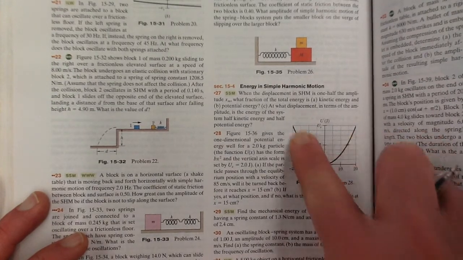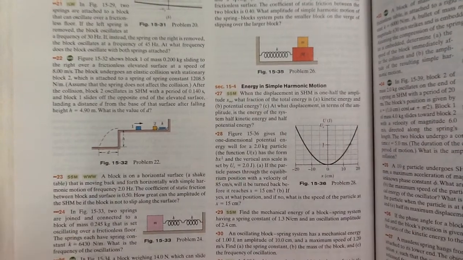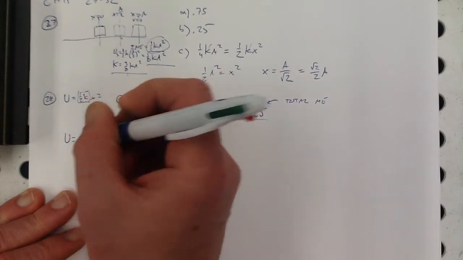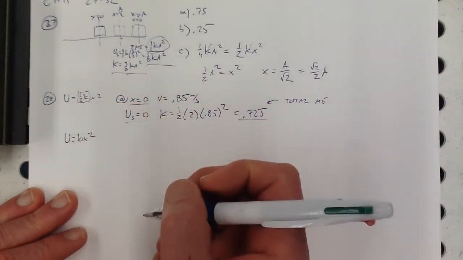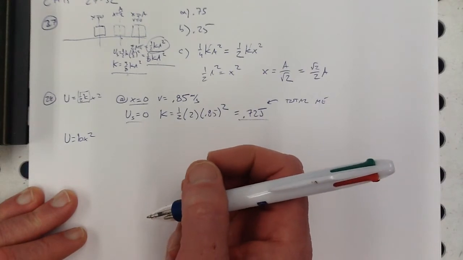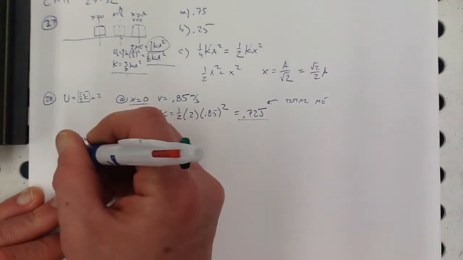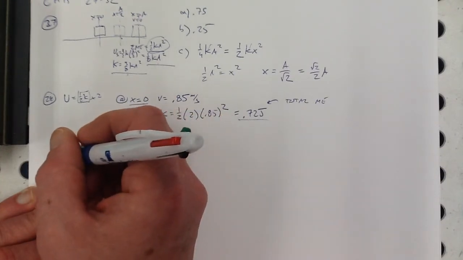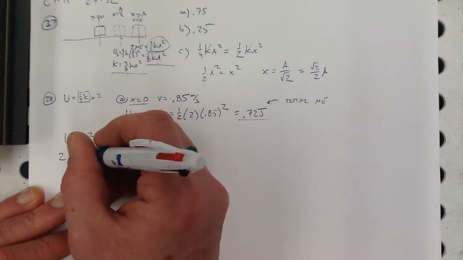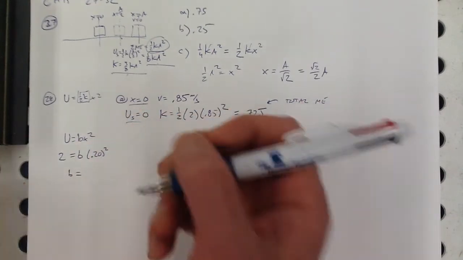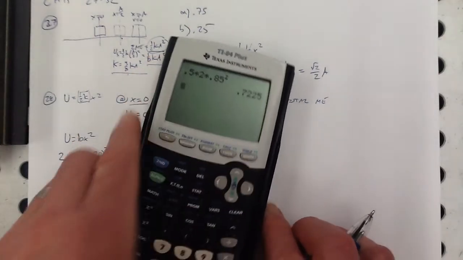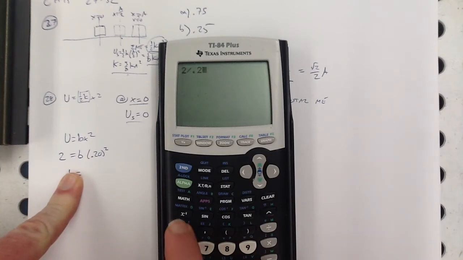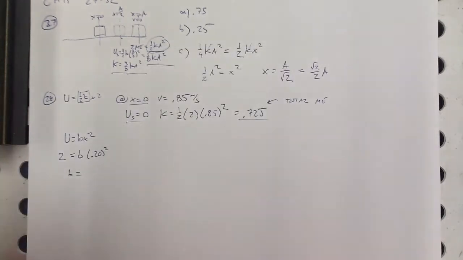So I think I'm going to need to find the equation for this thing to be able to solve this. So they told me that u is equal to bx squared, and if I just pick some points on here, it looks like at the point where x is equal to 20 centimeters, the u is equal to 2. So b is 50.